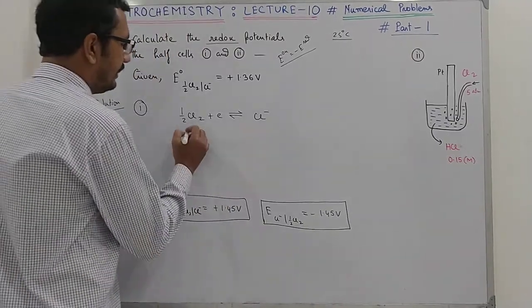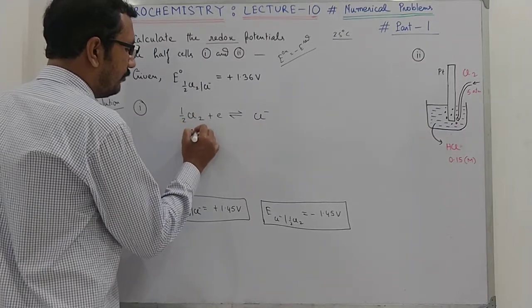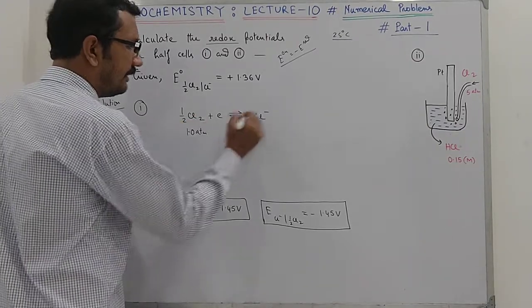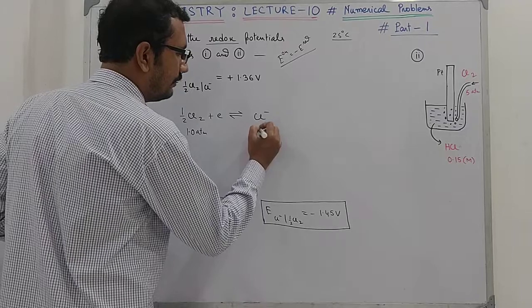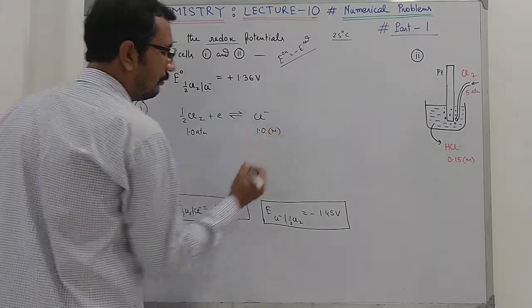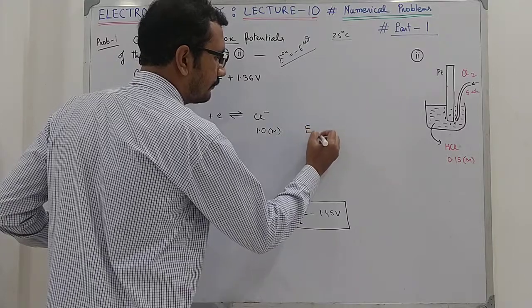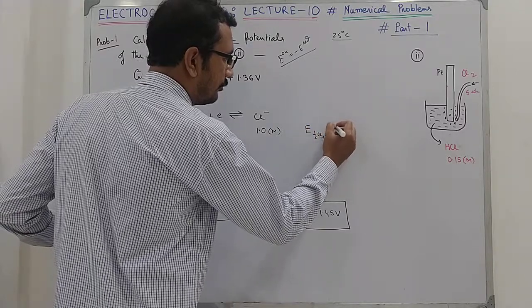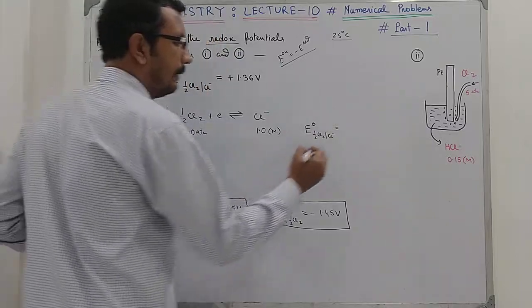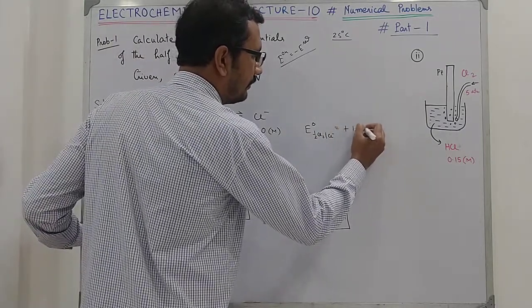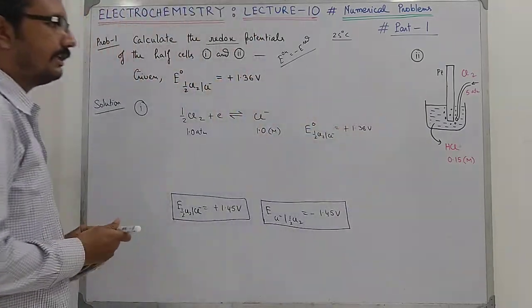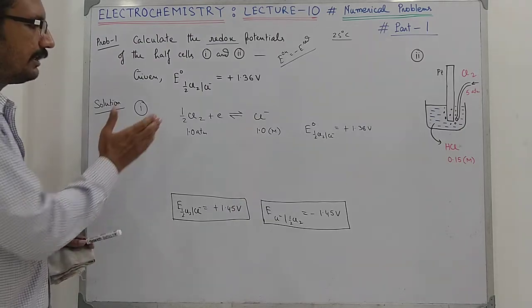Now when you take this pressure to be 1.0 atm and take this concentration to be 1.0 molar, what it will give you? It will give you the reduction potential in the standard state, and it will be plus 1.36 volt as given, supplied in the problem. Now what you are doing?